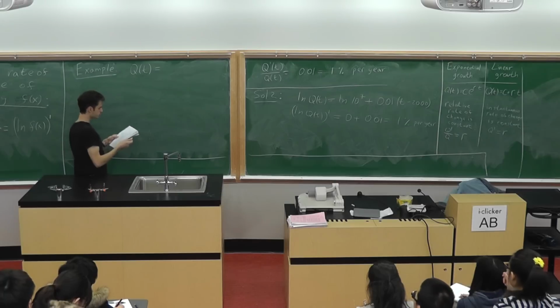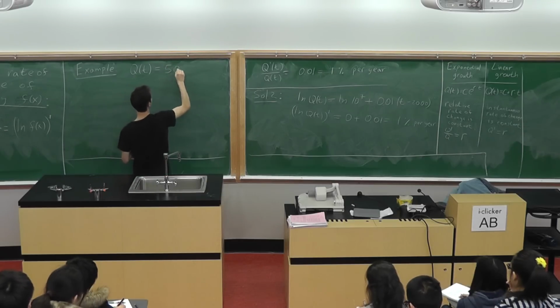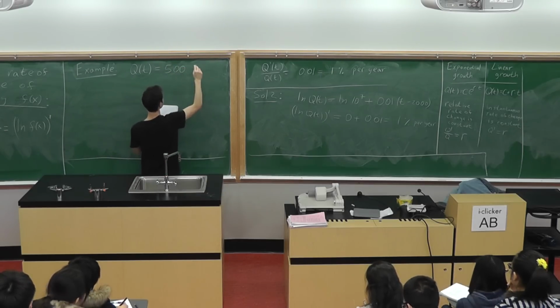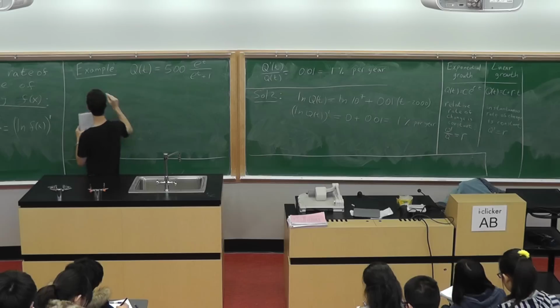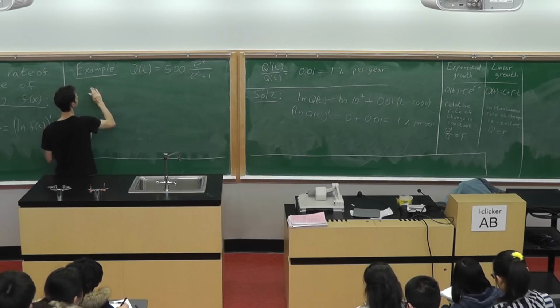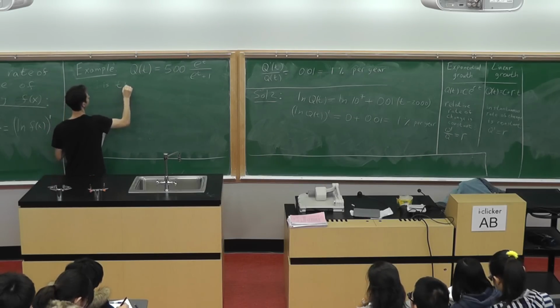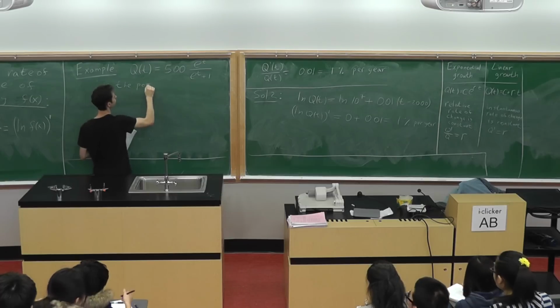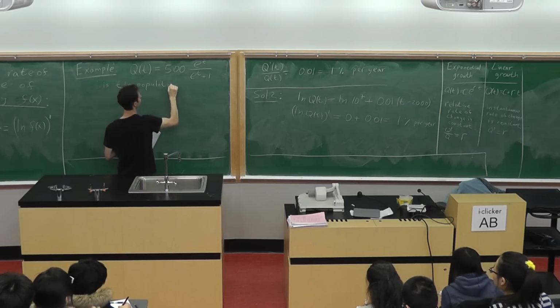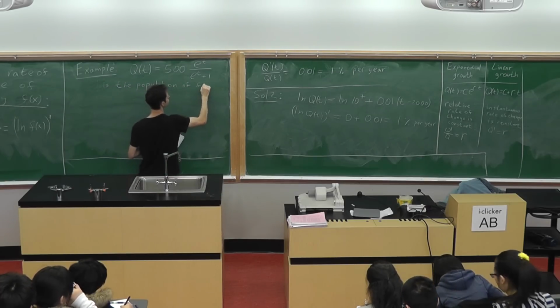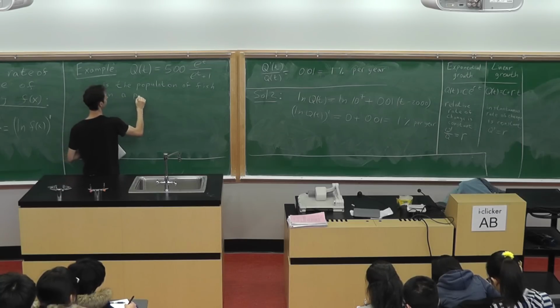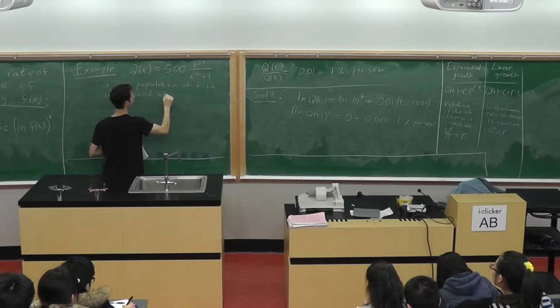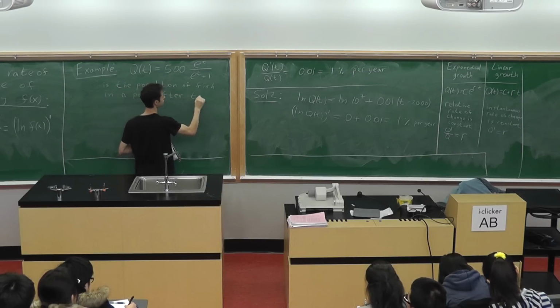I'll have a quantity which describes the population of fish in a pond. Such a function describes the population of fish in a pond after t months.